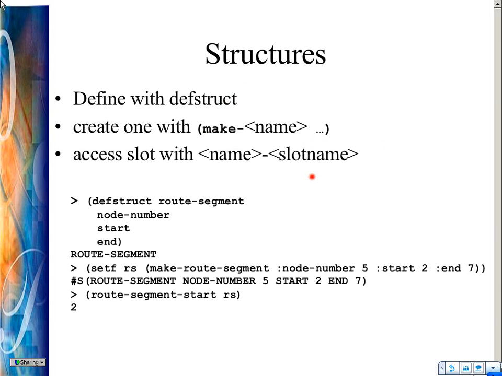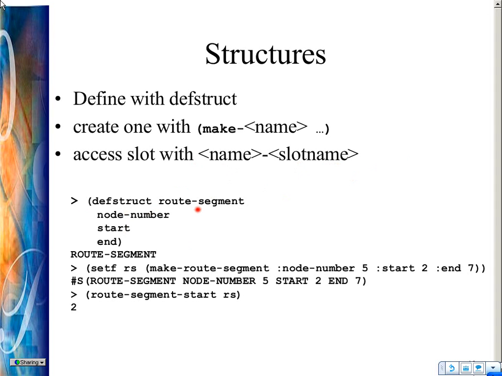As arguments, you can specify values for various slots. And it defines a number of accessors which all have the structure name hyphen slot name. When you have an instance of the structure, it will access the value of that slot, and you can also use setf with it to set the value of that slot.